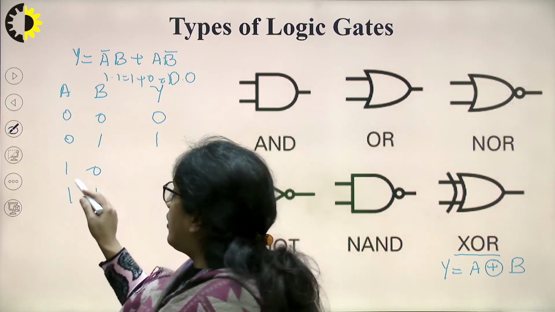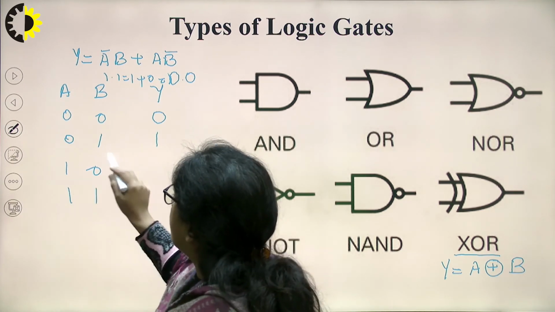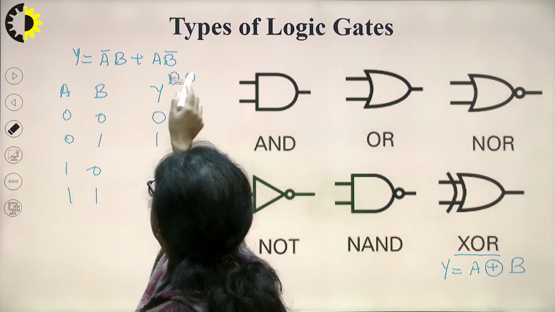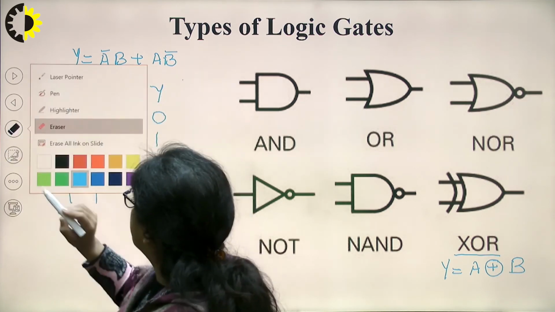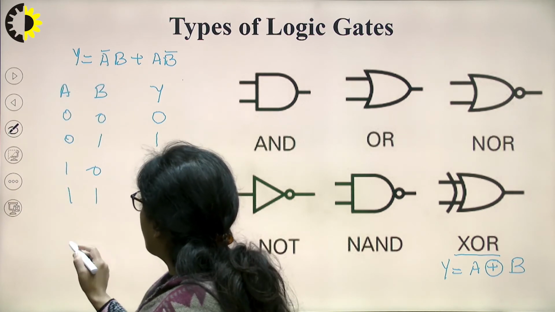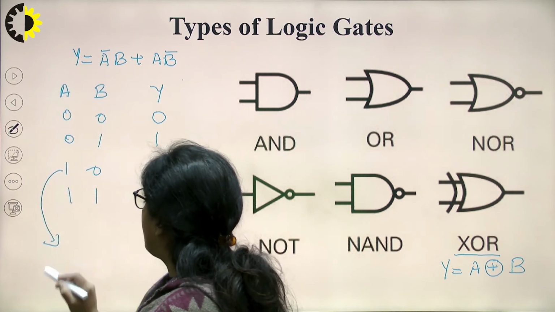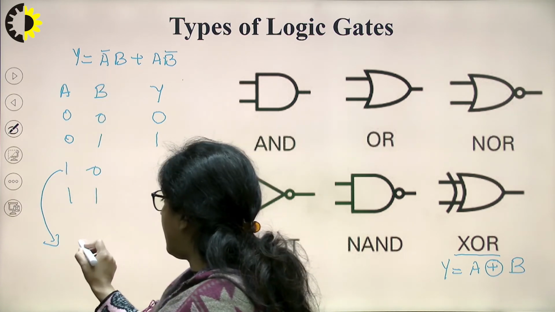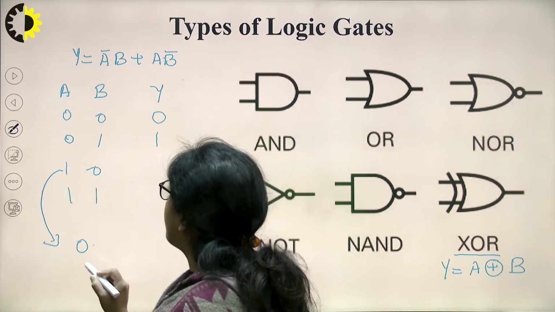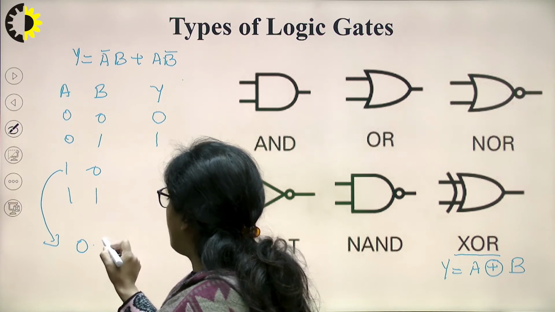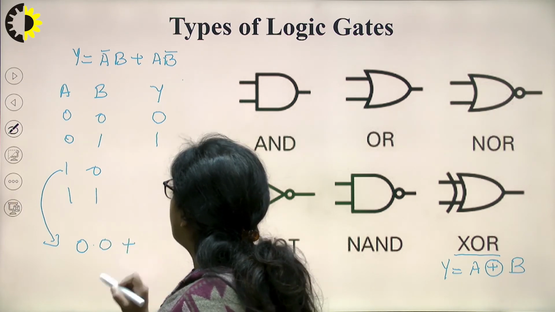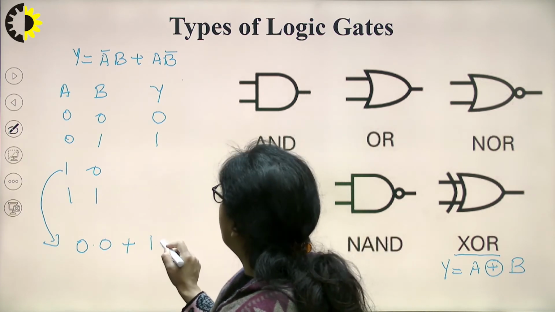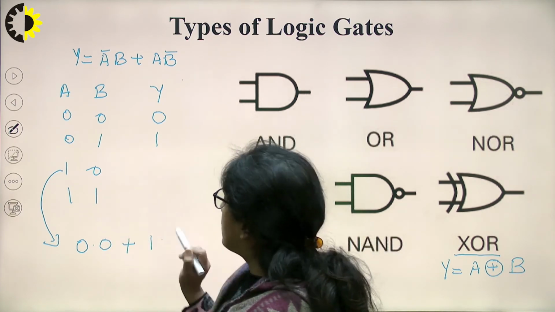Now, in the case of 1 0, again the same situation. For the third case, a is 1, so the complemented version of a is 0, multiplied with b, that is 0, plus, or you can say ORing, the complemented version of 0, that is 1.